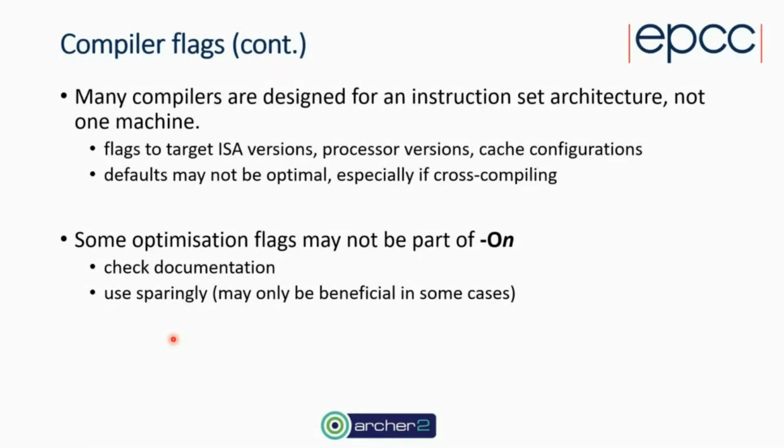I think the front-end login node processors are AMD EPYC 7702 processors, which I think are slightly lower clock speed. And then the compute nodes are 7742 processors, which are the higher clock speed ones, but the same number of cores and a lot of similar functionality.